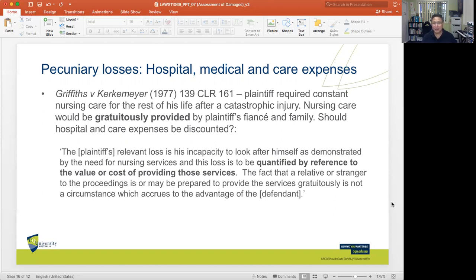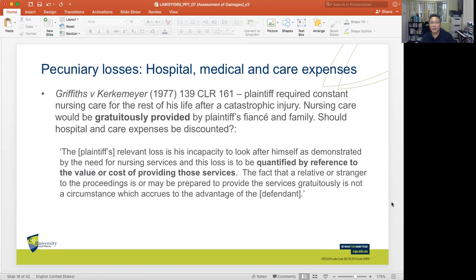So somebody required to be taken care of, and in this particular case, the plaintiff's fiancé did not bail out, but was willing to take care of the injured victim. So should the hospital and care expenses be discounted? The court said that the plaintiff's relevant loss is his incapacity to look after himself, as demonstrated by the need for nursing services, and this loss is to be quantified by reference to the value or cost of providing those services.